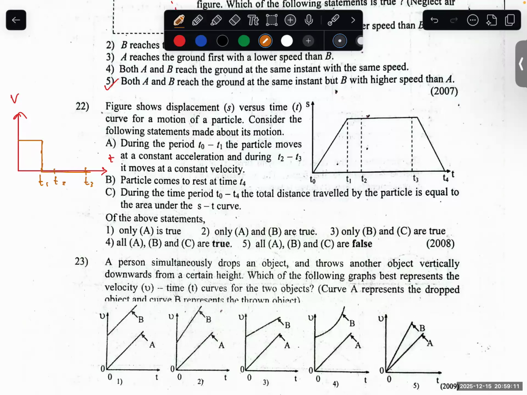After T3, it is negative. The graph is a little shifted, but until T3 it is at rest. After that, it has a negative gradient that is also constant, so it should come like this.